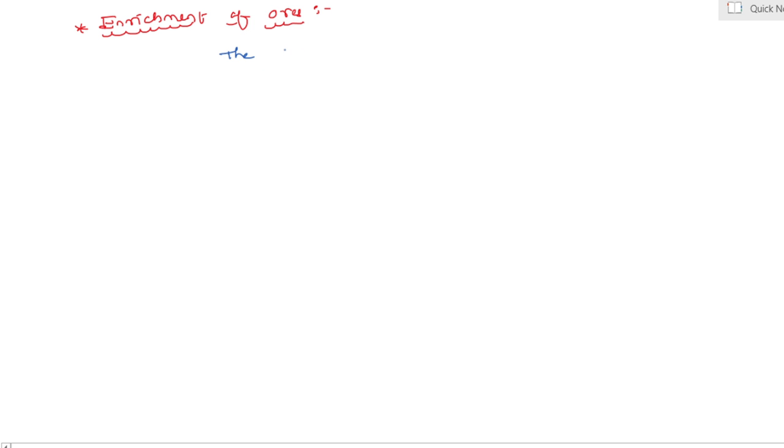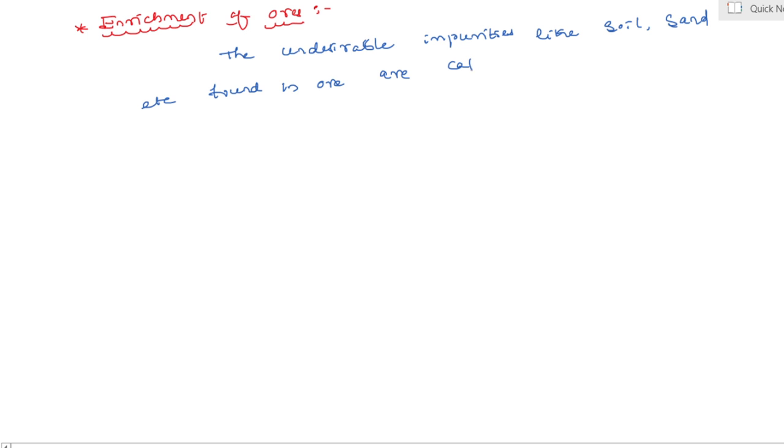The undesirable impurities like soil, sand, etc. found in ore are called gangue or matrix.